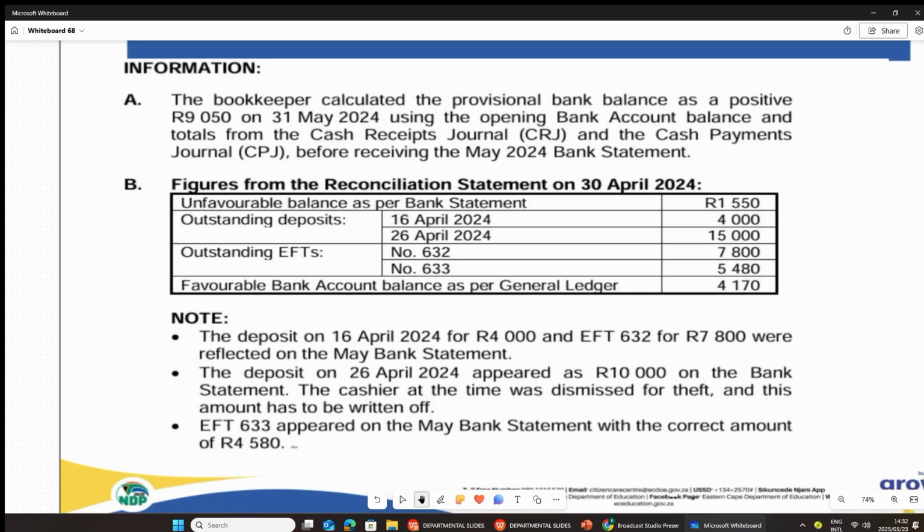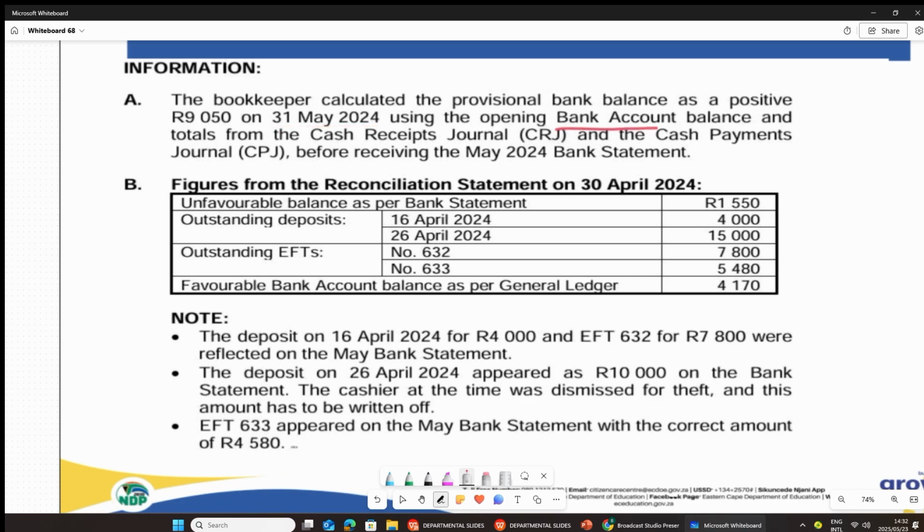Let us go into the details. You will notice here in the information, it states the following. The bookkeeper calculated the provisional bank balance as a positive, very important, a positive, meaning it's favorable, 9,050 Rand at the end of May. Using the what?